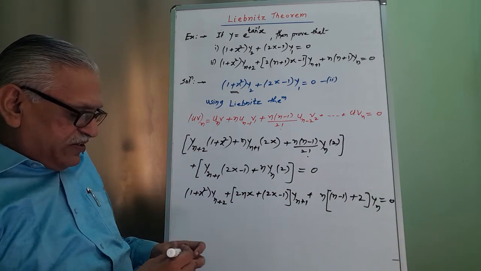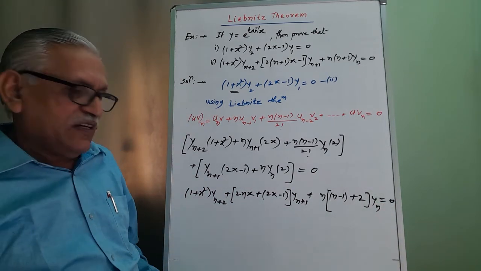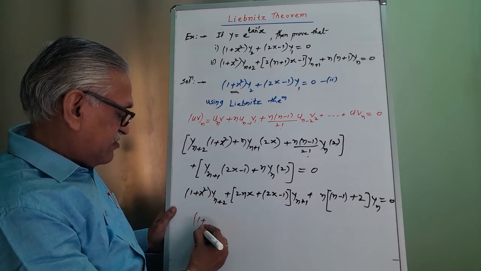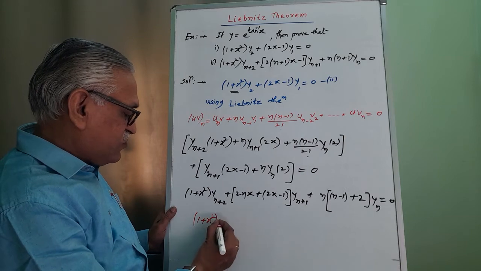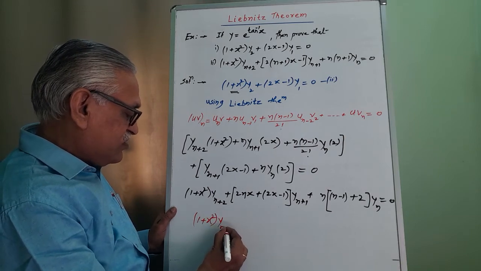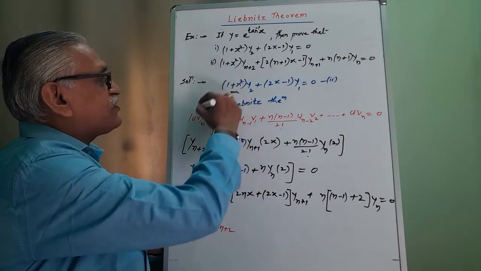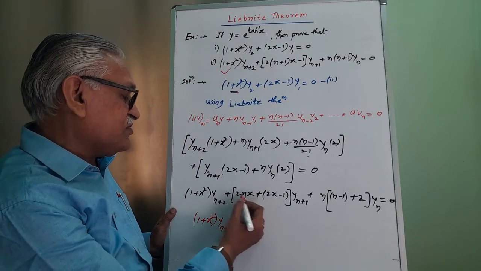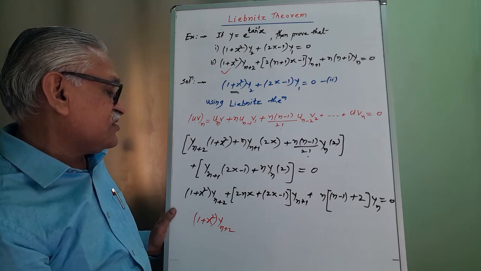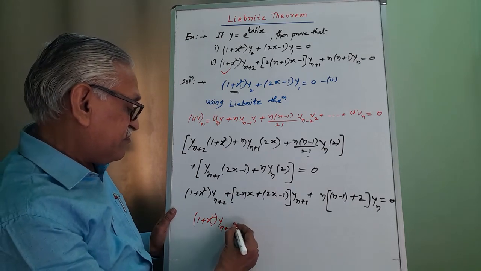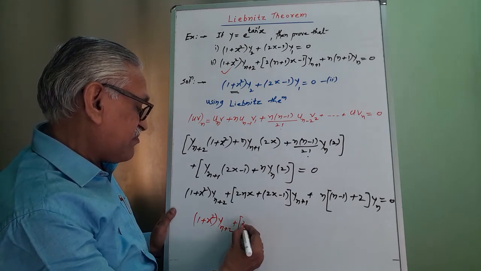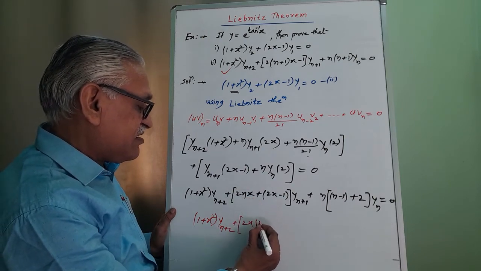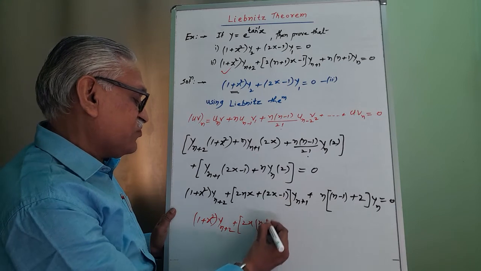And then simplifying it, we get the required result. First term is 1 plus x square into yn plus 2. Yes, we get the first term. Then from these two terms, I can take 2x common. Remaining terms are n here, and 1 here.